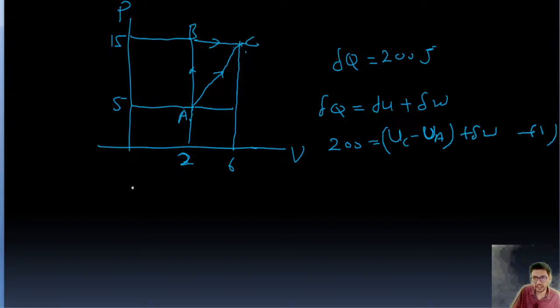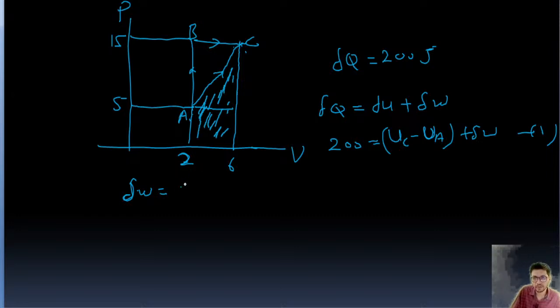Now we'll find delta W. Delta W is PdV, or that area. So it's a PV curve, so delta W, the work done, is going to be the area covered by the AC curve, because we are going A to C, which means this area. I have already explained this, right?